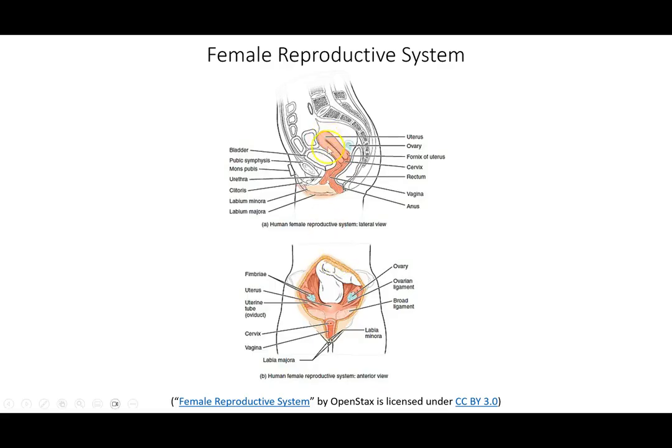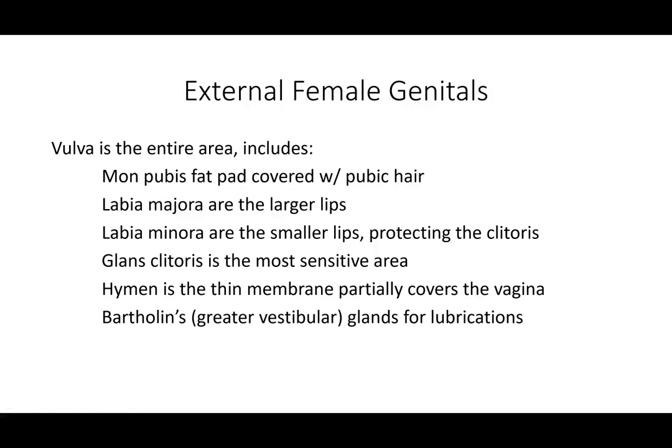So this is the uterus right here. This would be the cervix down here at the bottom, ovaries out here, the actual vagina, and then some of these more external structures out here in the vulva. And then again, anterior view here, just a slightly different way of looking at things.